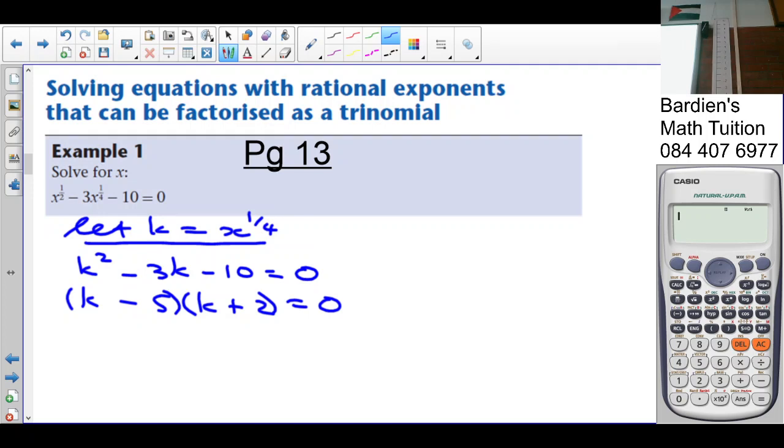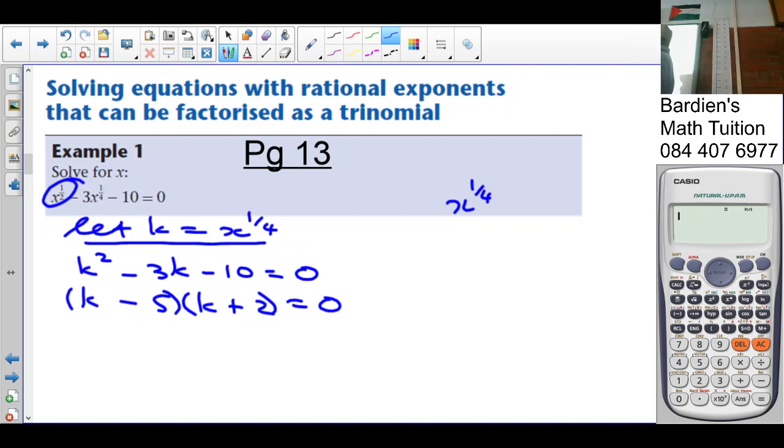Do you understand at this point? What are you confused about? I don't understand k squared. K squared. You see, if you got x to the quarter, I want to write the first term in terms of x to the quarter. Why? So that I can replace x to the quarter with an easier variable to factorize the trinomial.